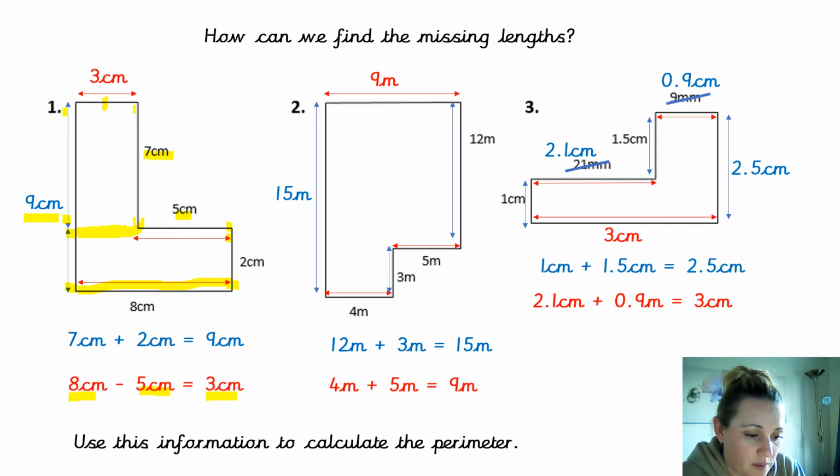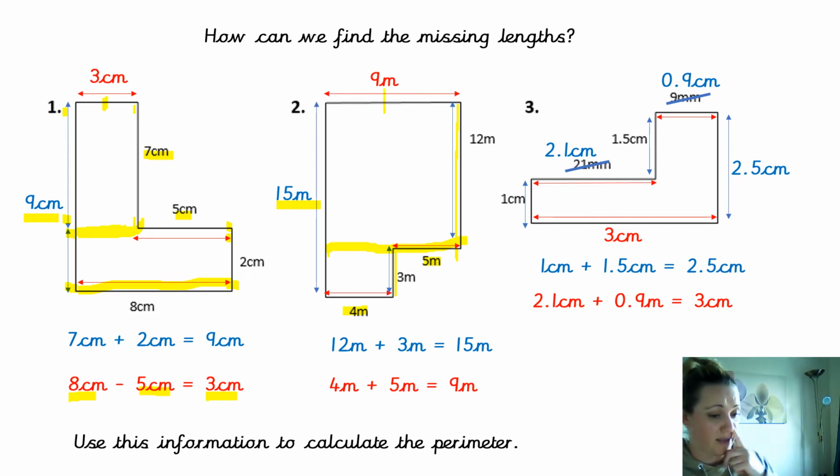And then for this one, we've got 12 down here plus 3, which means that this bit must be 15, if we were to drag those yellow bits across. And then we have got 4 metres here and 5 metres there, so if we were to drag those lengths up, put our 4 metres there, plus our 5, and then opposite is the same, which is 9, so 4 plus 5 is 9.